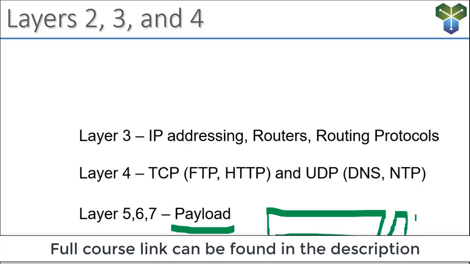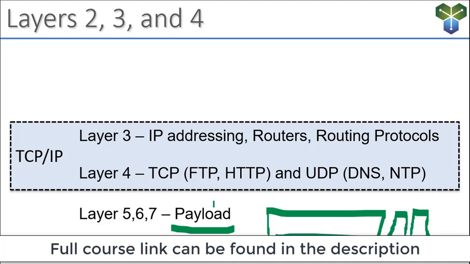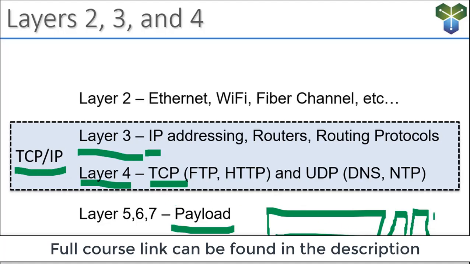We're going to append another little header in front of that with the source and destination IP. That's happening at layer 3. And by the way, TCP/IP, you may have heard of that acronym. That's just the combination of layer 4 and layer 3, TCP/IP. And then before it can actually go out on the physical network, we have to append one more header.